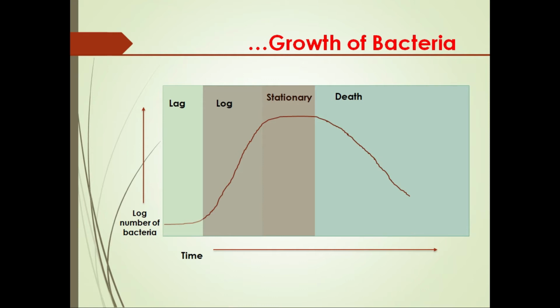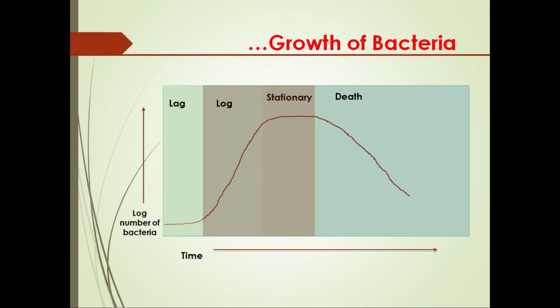So during lag phase, we see almost no increase in number of cells. So the number of cells increases after lag phase. In the lag phase, the number of cells remains more or less constant.